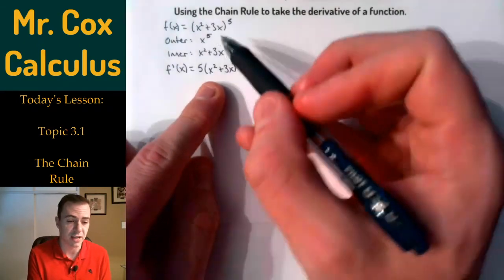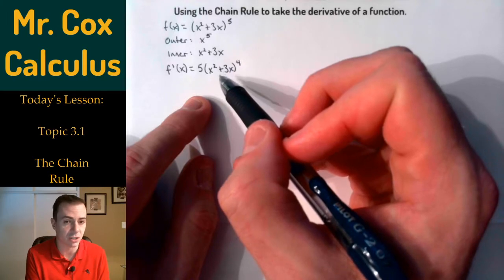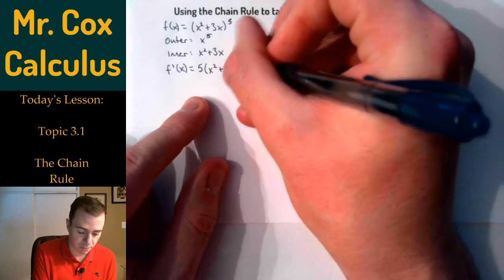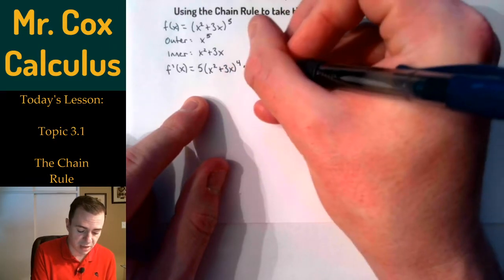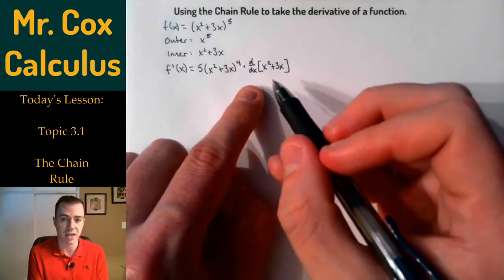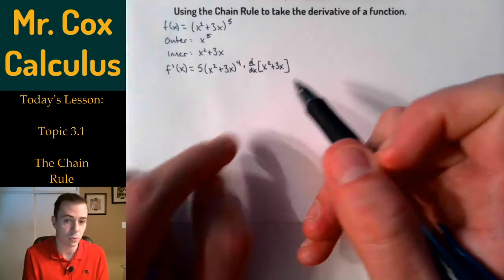What the chain rule says is because I have this inner function here, that it was the composition of functions, I need to multiply it by the derivative of the inner function, times the derivative of x squared plus 3x. This part right here really is the part that we would say is the chain rule step.